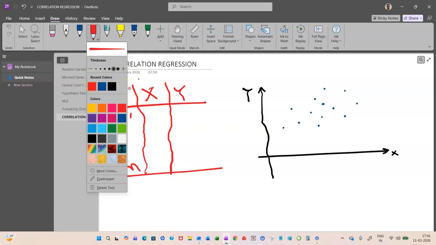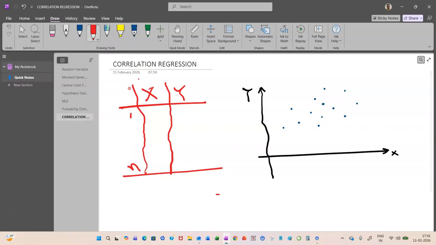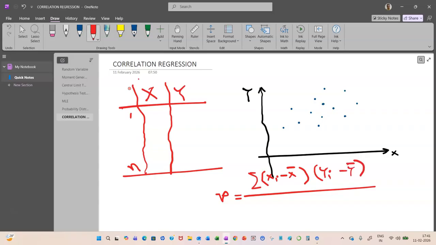When we talk about the correlation, the formula is given by r equal to summation of xi minus x bar into yi minus y bar, divided by root over summation xi minus x bar whole square times summation yi minus y bar whole square.